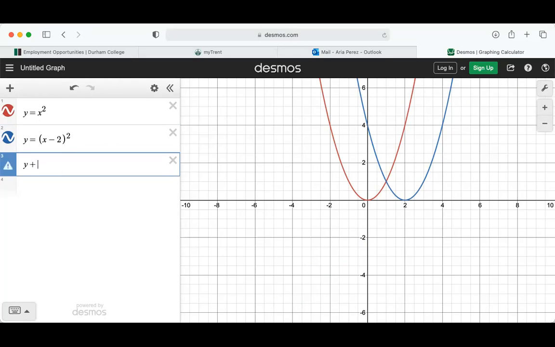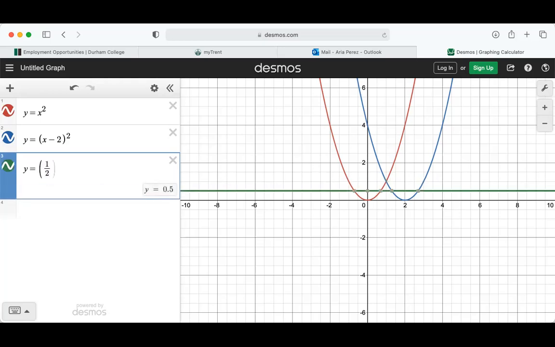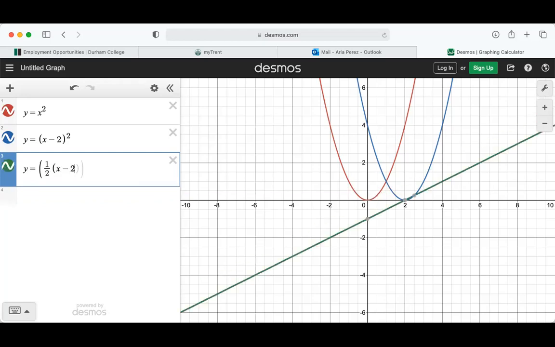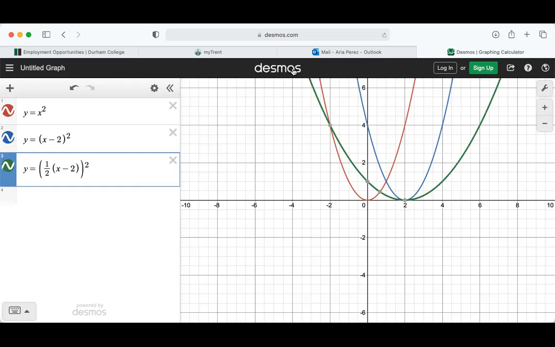The next one would be y equals 1 over 2 times (x minus 2), exponent 2, and it flattens out with that half.